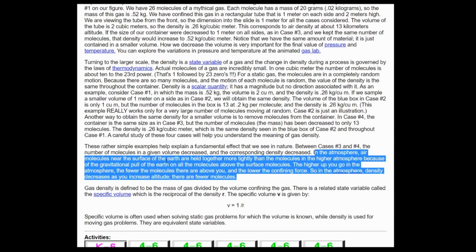The higher up you go in the atmosphere, the fewer the molecules there are above you, and the lower the confining force. So in the atmosphere, density decreases as you increase altitude. There are fewer molecules. Why did you leave that out?